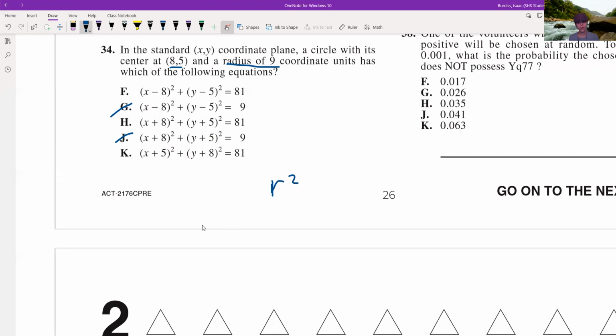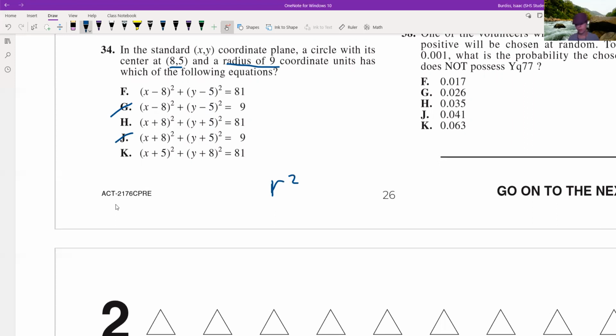And so this thing is trying to say 9 is r squared, so that would mean r is 3. No, r is 9. So it has to be 81 because square root of 81 is 9. Okay, and of course, it's the opposite of what you would think.